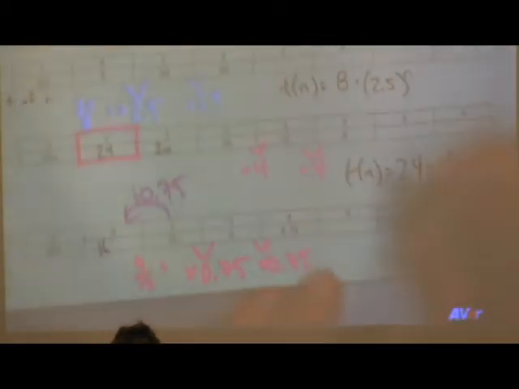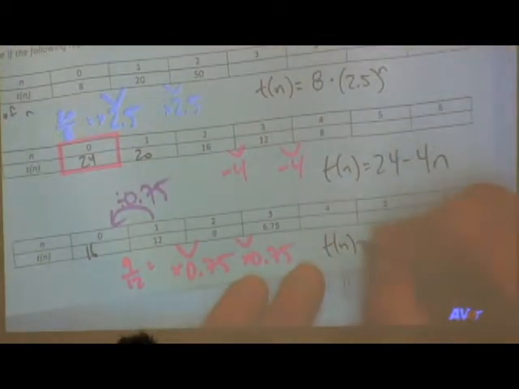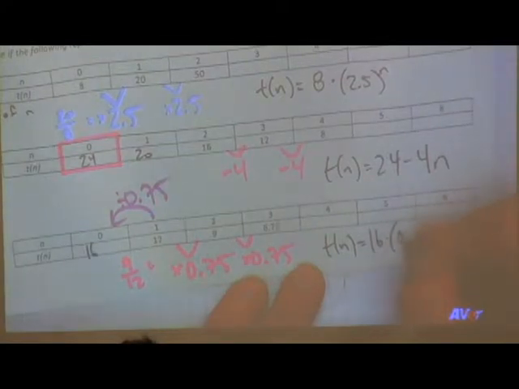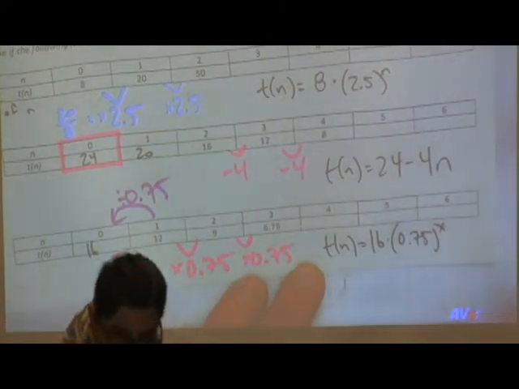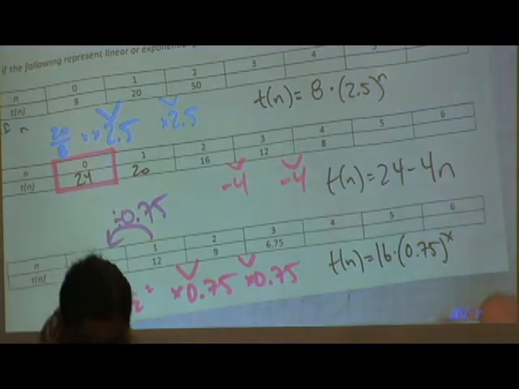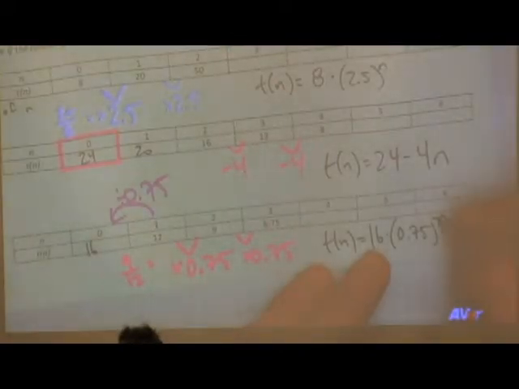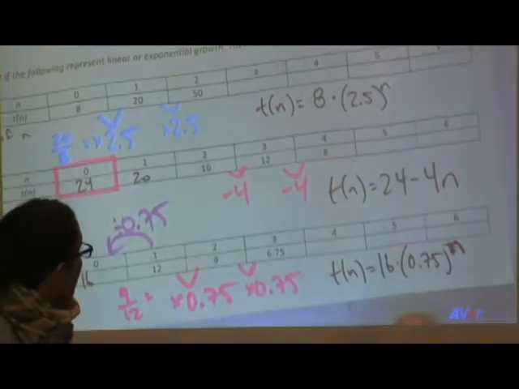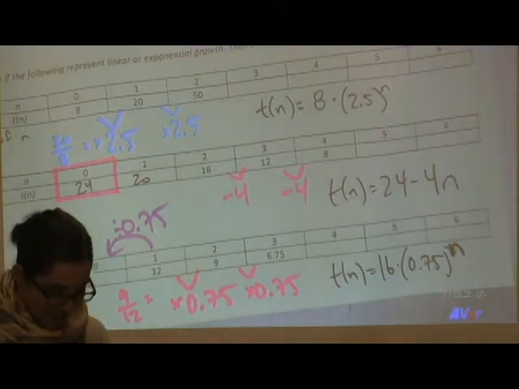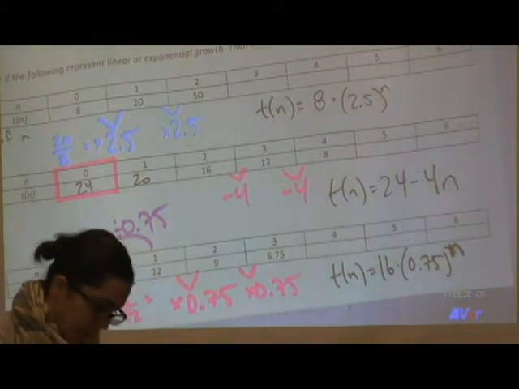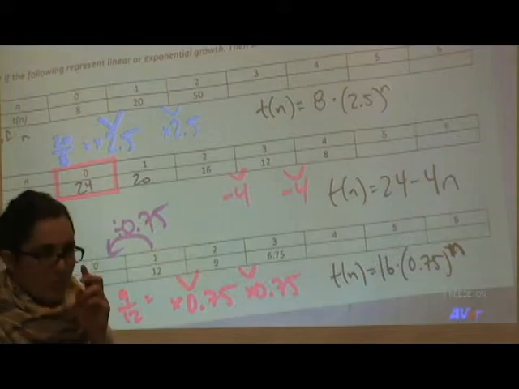Right, so now we have our equation, t of n, make sure you have the right notation, 16 times 0.75 to the power of n. Okay. So make sure your homework is good.